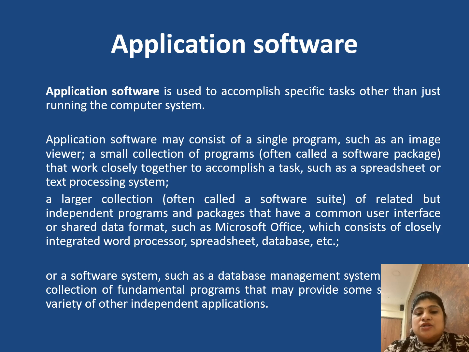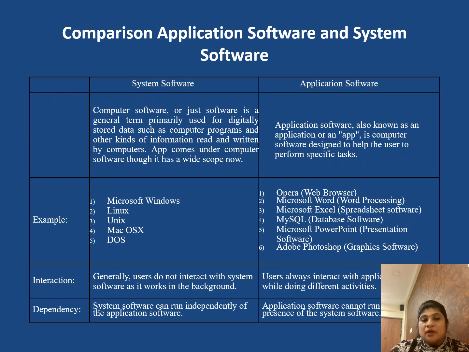A larger collection, often called a software suite, consists of related but independent programs and packages that have a common user interface or shared data format, such as a spreadsheet, word processor and database closely integrated. Or, in a system such as a database management system, a collection of fundamental programs is provided to a variety of independent applications included in the computer.